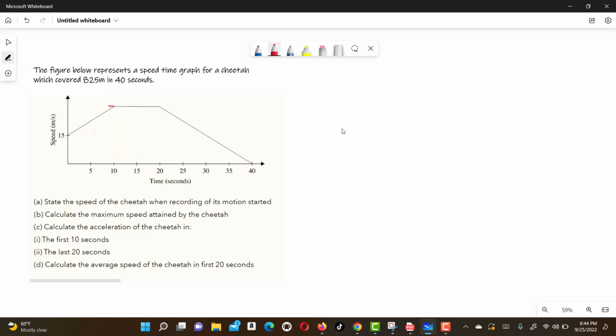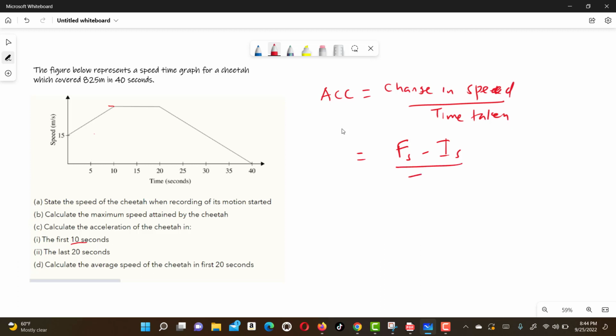So the next question is finding the acceleration of the cheetah in the first 10 seconds. Acceleration is equal to the change in speed over the time taken. The change in speed is the final speed minus the initial speed, divided by the time taken.